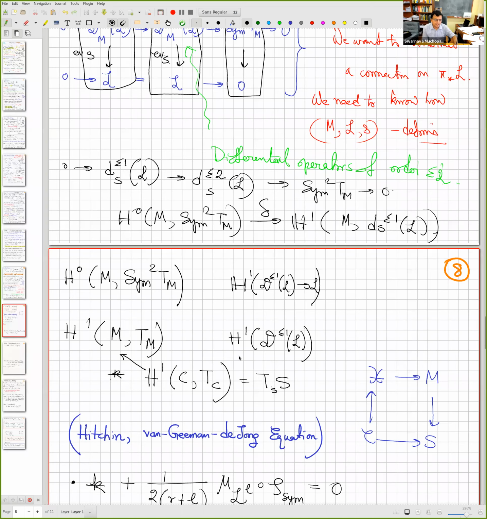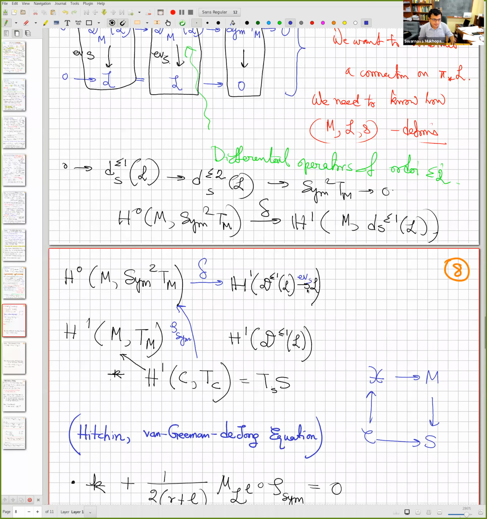Whereas on the other hand, from here I have already constructed a map which I'm going to call the symbol, rho sym, the symbol map. And from here there is the boundary map. The boundary map is in hypercohomology, but it contains information about both the differential operator and also evaluation by section, right?